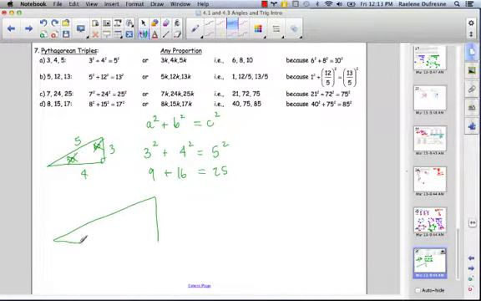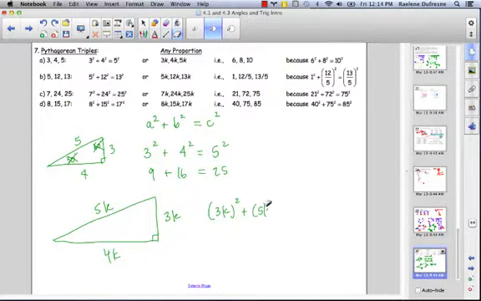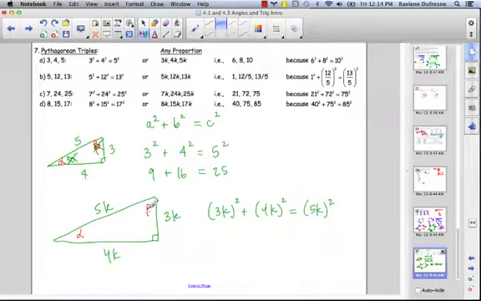But of course, if 3, 4, 5 is a triangle, then 3k, 4k, and 5k is also a right triangle, which means that 3k squared plus 4k squared is equal to 5k squared. And so we could take that same triangle, preserve whatever these angles are, let me call them alpha and beta, keeping the triangles similar, and having different lengths.